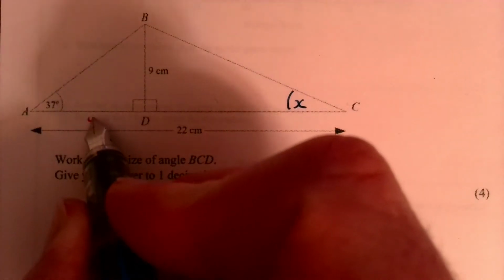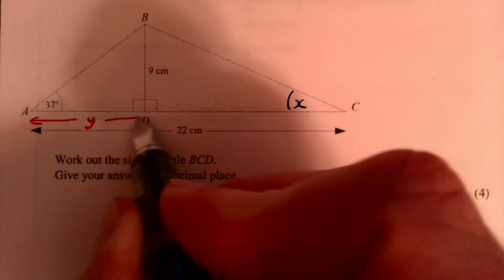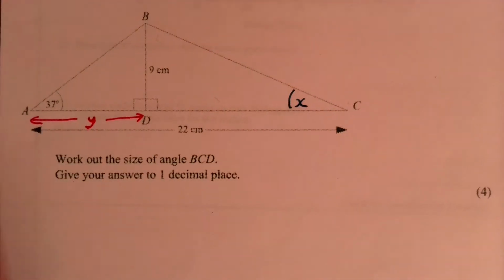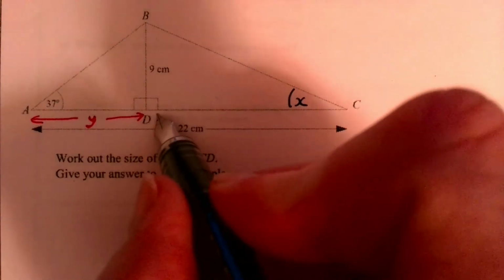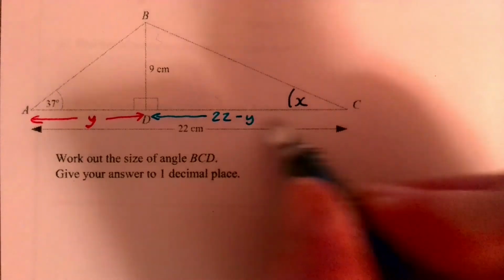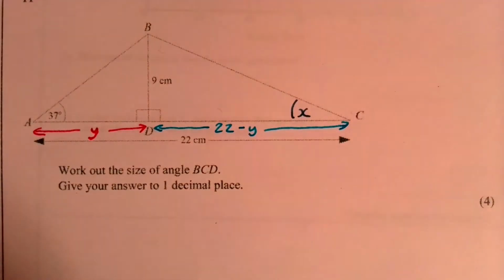I'm going to call that bit there y, and then once I know y, I can do 22 take whatever y is to give me that length, and I can then use that for that.